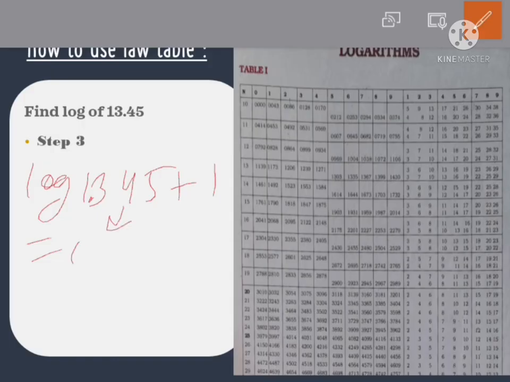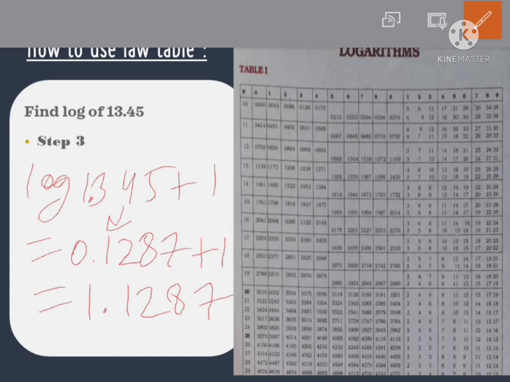This value is 0.1287 plus 1, then I will get 1.1287. And what value we find from the log table, that should be after the decimal. So I got 1.1287 as the value of log of 13.45.